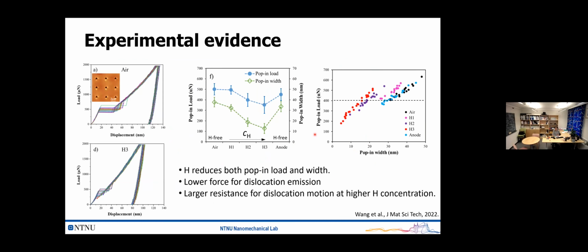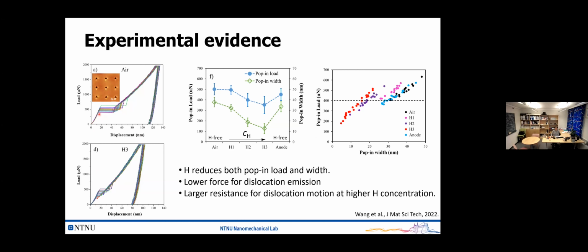So experimentally, we did the same nanoindentation on the high entropy alloys. And the left shows a representative force displacement curve. And of course, the popping in this load displacement curve represents the plasticity onset and development.